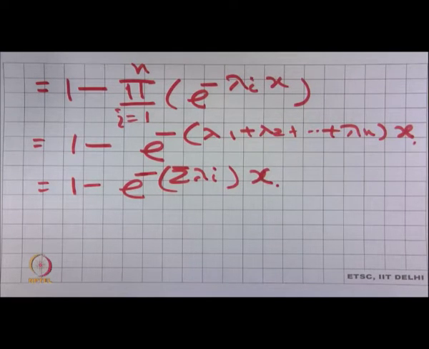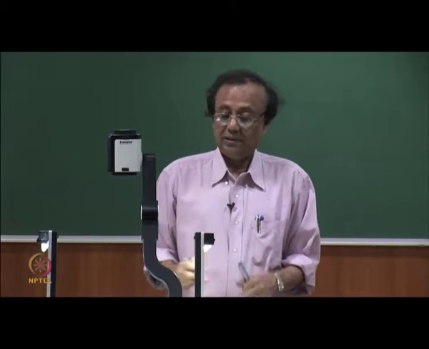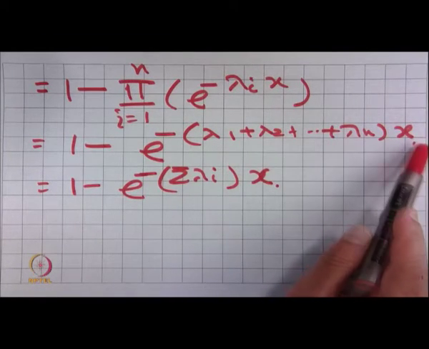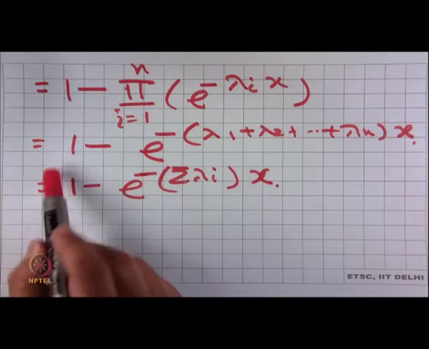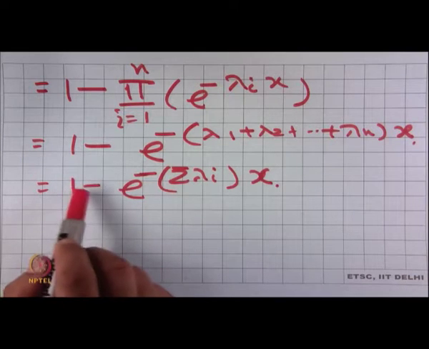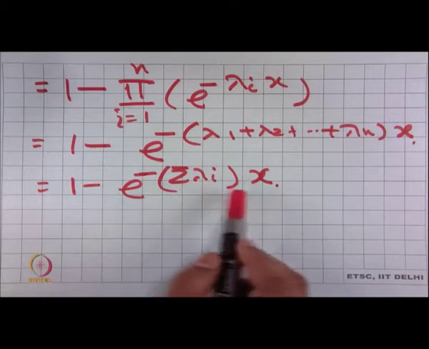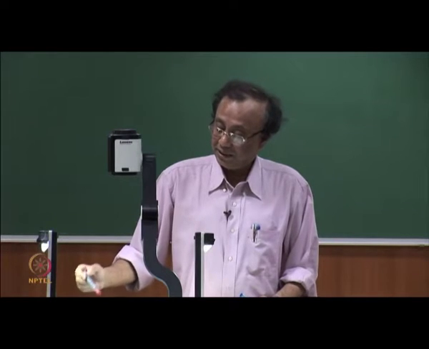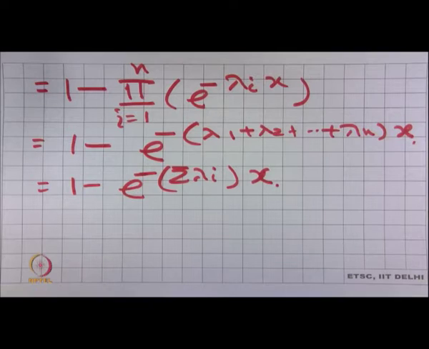Therefore, we see that the actual result is more generalized. Even if lambda 1, lambda 2 and lambda n are all different, then the CDF is going to be 1 minus e to the power minus sigma lambda i into x. In ordered statistic, we found that if all the lambda i's are similar, then this came out to be n lambda.